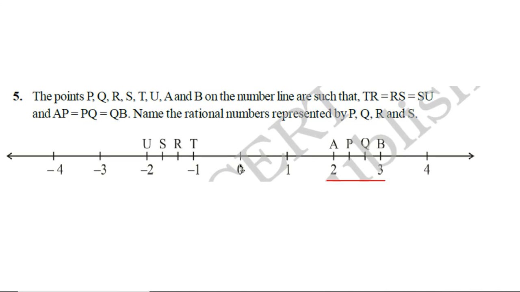That means each division is divided into 3 parts. Then what does this 1 represent? Of course it will be 3 by 3. Then what will be 2? Yes, it will be 6 by 3. Then what about P? P will be the next after 6 by 3, that is 7 by 3. You find out Q and R.